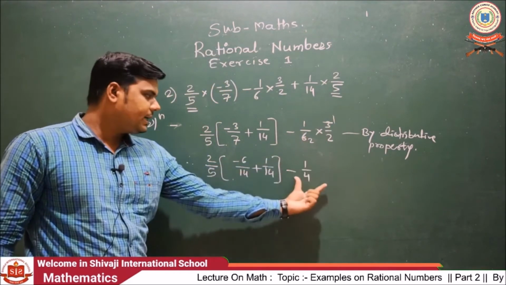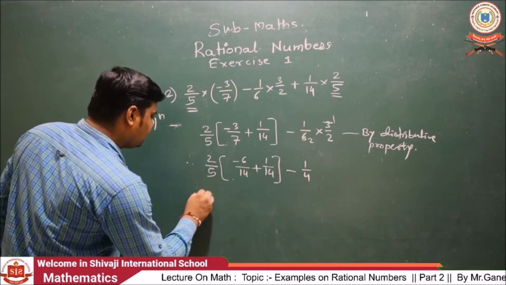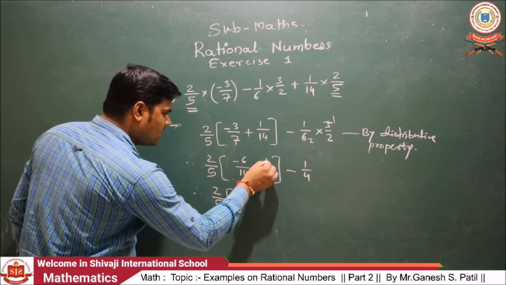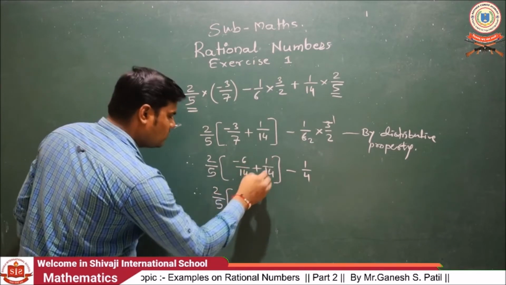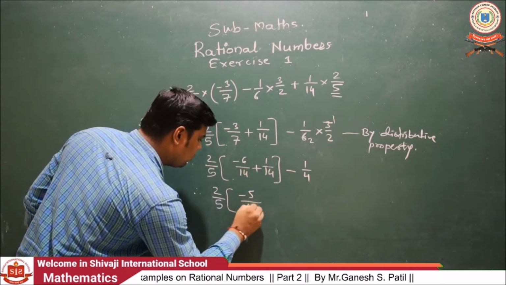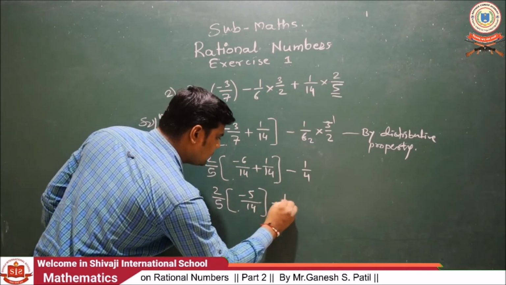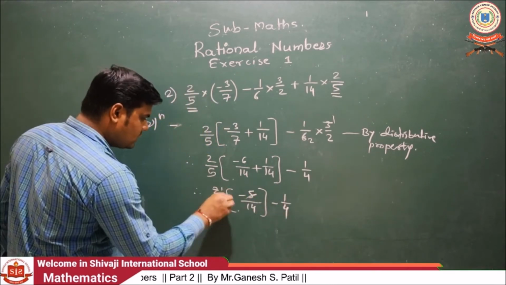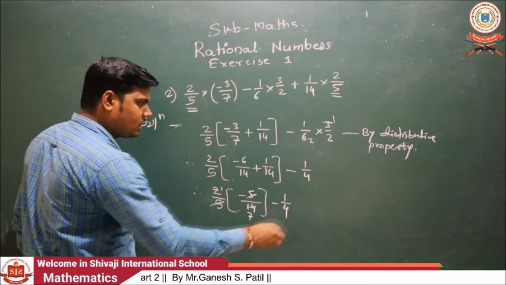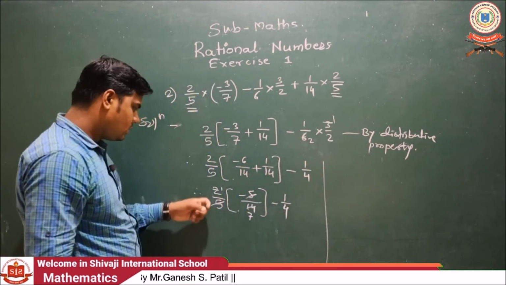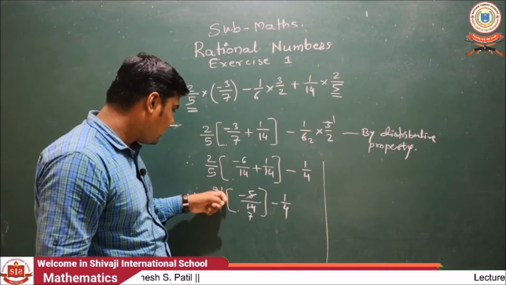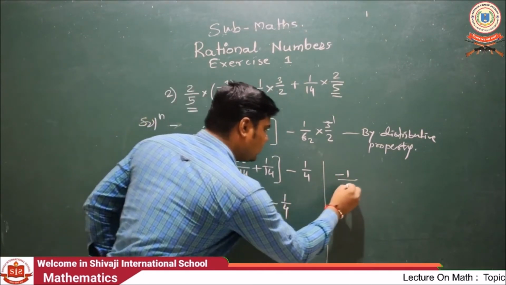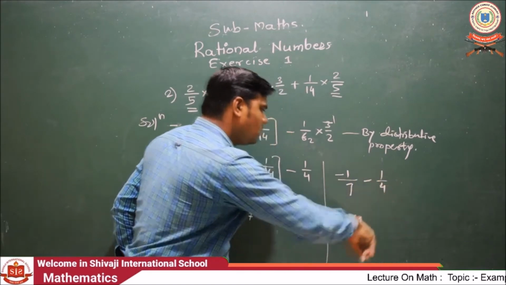Then 2 upon 5, and minus 6 plus 1 means minus 5 upon 14, minus 1 upon 4. Here 5 and 5 cancel, then 2 1s are 2, 2 7s are 14, but with the minus sign it is minus 1 upon 7, minus 1 upon 4.